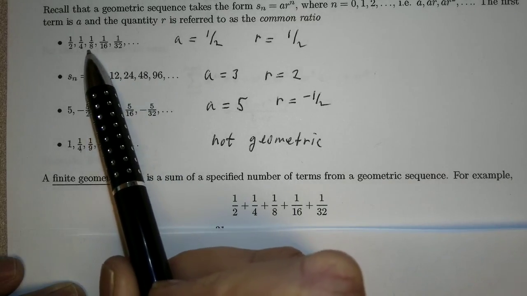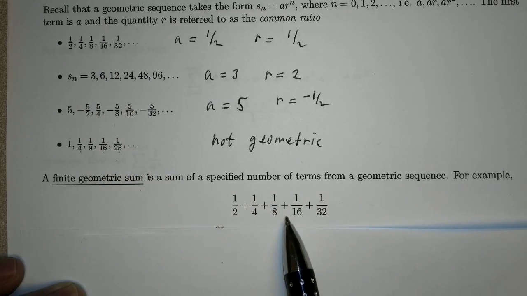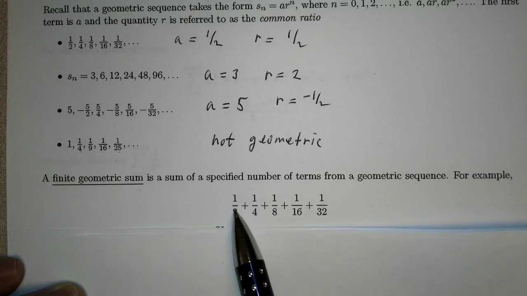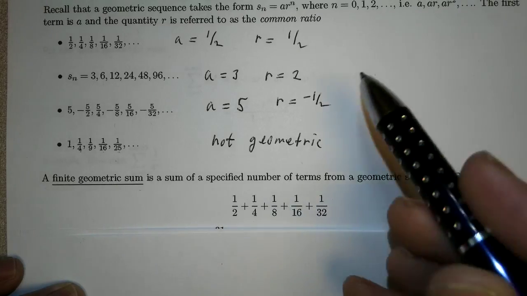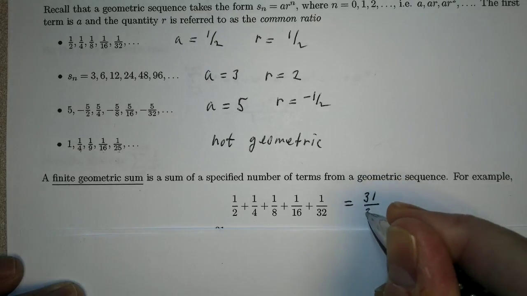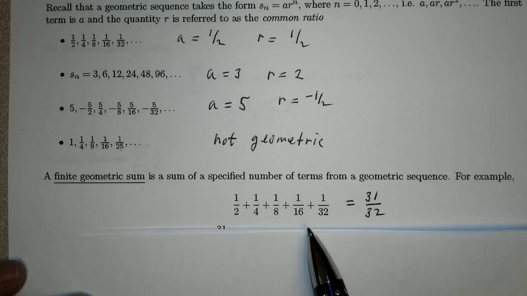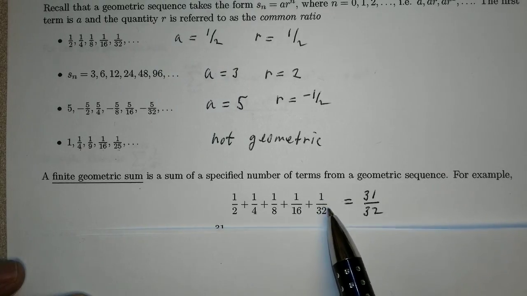It's consisting of the first 5 terms from this sequence, but now we're adding them together. It's not too hard to show that if you get a common denominator, you get 31/32.